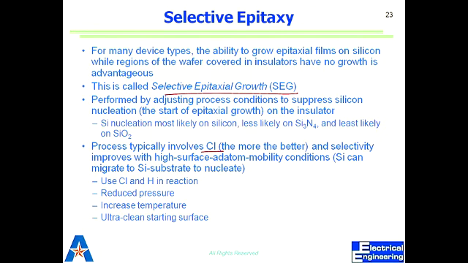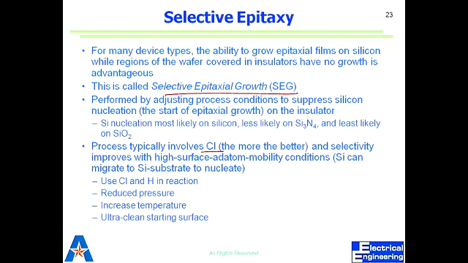So we don't want it to happen on the insulator, right? We want the whole growth to happen on silicon, so we have to adjust our process. Silicon nucleation is what gives us polysilicon. We don't want that. And it has chlorine, the more the better. It increases the selectivity. But, okay, so yeah, we need chlorine.